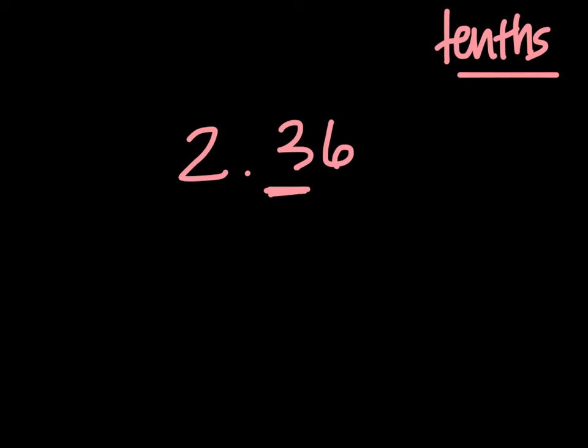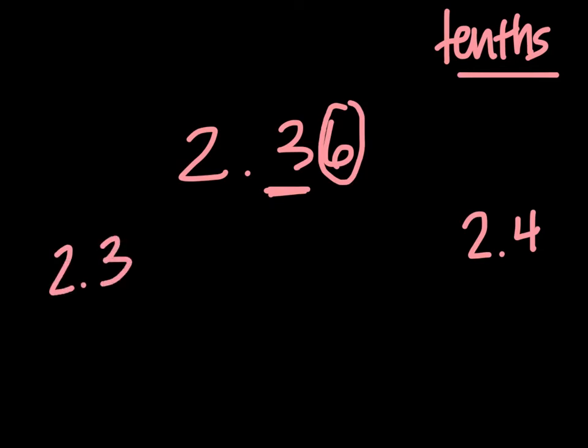Then I'm going to look at my neighbor, which is in my hundredths place, and I'm going to circle that 6. So now I have to think about which direction the 6 is going to go. Is it going to go forward to 2 and 4 tenths, or is the 6 going to go backwards to 2 and 3 tenths?